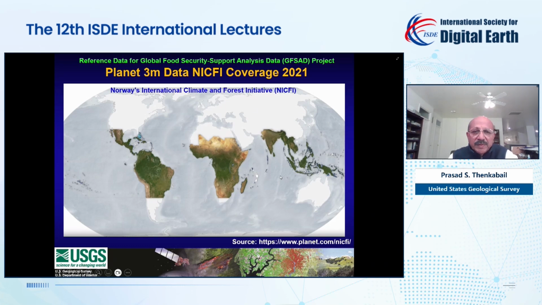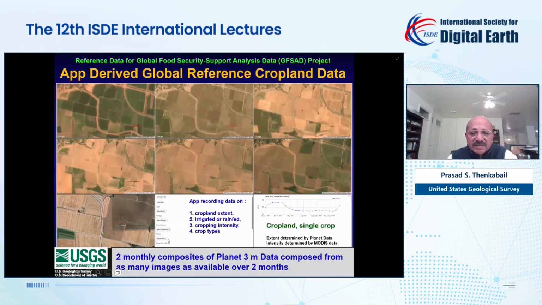So what we did was we developed an app for this, and we spread the data points randomly across the world, and then we went into, for example, this pixel. We went into detail of each of these pixels and asked, what is this? Is this a cropland, whether it is rain-fed or irrigated, what its cropping intensity or crop type is.